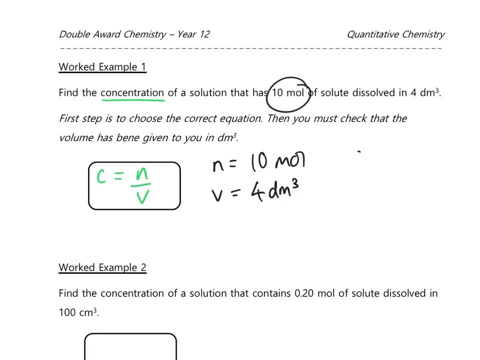So when I'm working out concentration, I'm doing N over V, which is simply 10 moles over 4 decimeters cubed. Put that into your calculator.